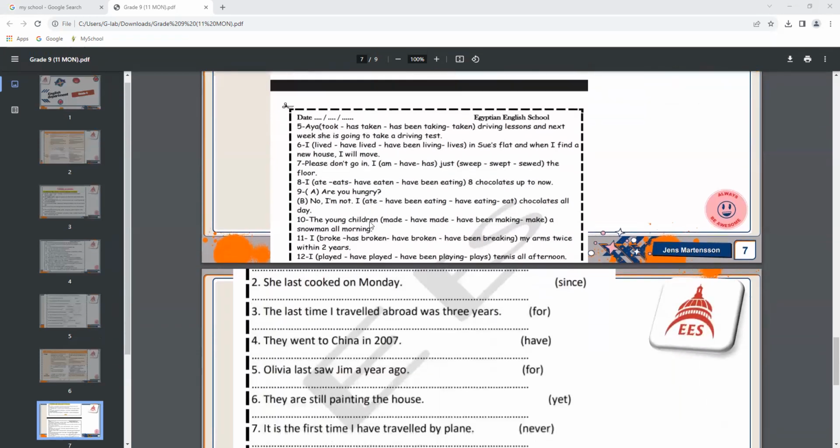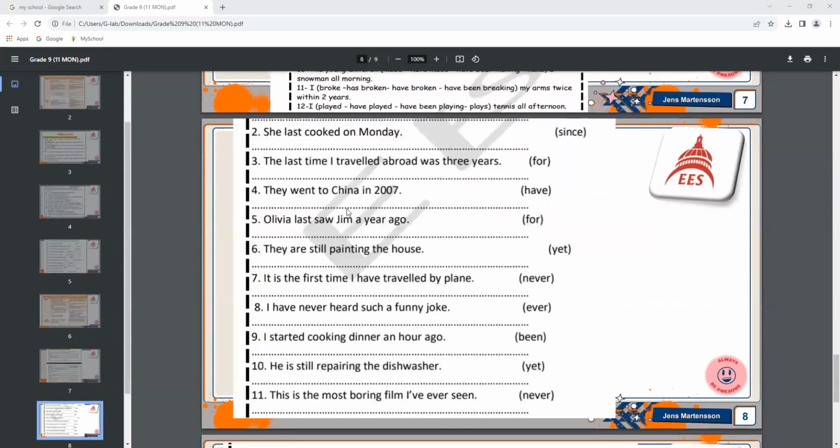Okay. Let's take a few sentences here. She last cooked on Monday. Use "since." The last time she cooked was on Monday, so she hasn't cooked since Monday. Clear? Okay, let's take a look at number 5. Olivia last saw Jim a year ago.